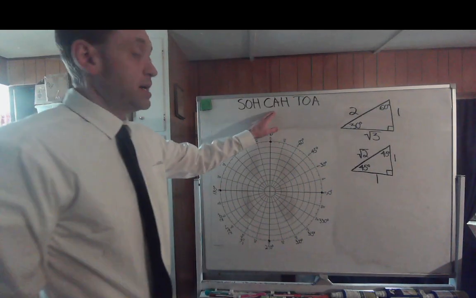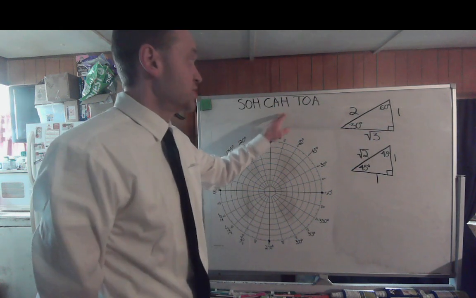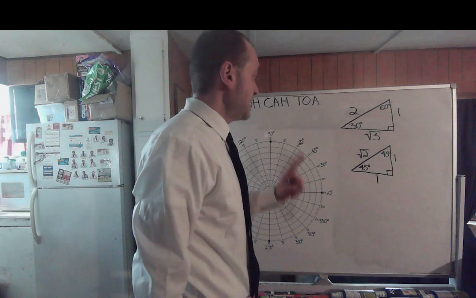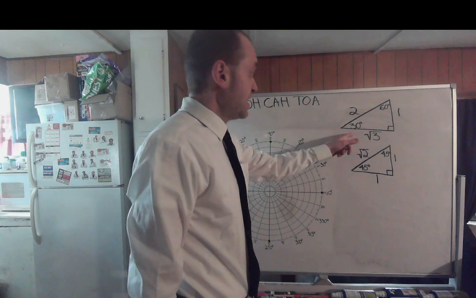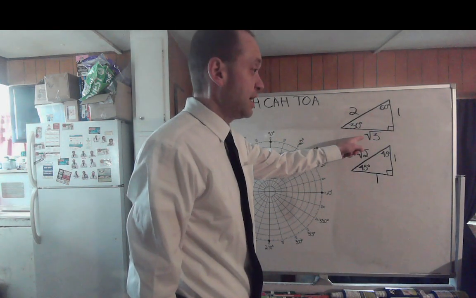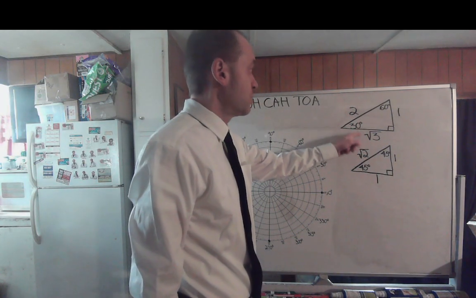Now, ka, that means cosine is the adjacent leg over hypotenuse. So let's look at that same 30-degree angle. If I wanted to take the cosine of 30 degrees, I would take the adjacent leg, which is the square root of 3, and divide that by the hypotenuse. So the cosine of 30 is the square root of 3 over 2.